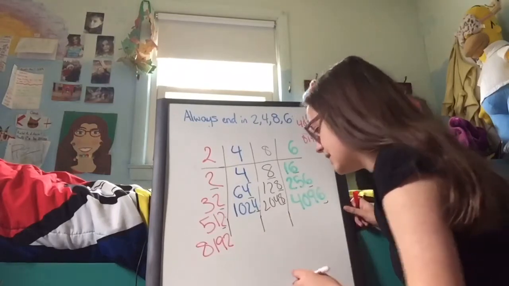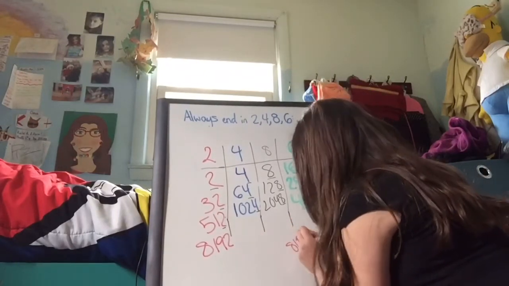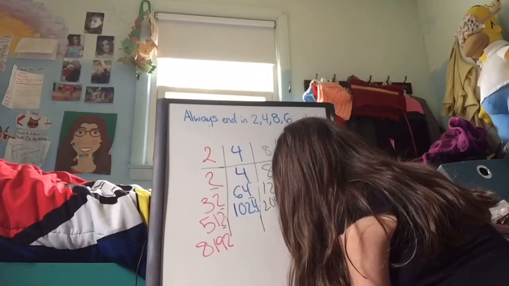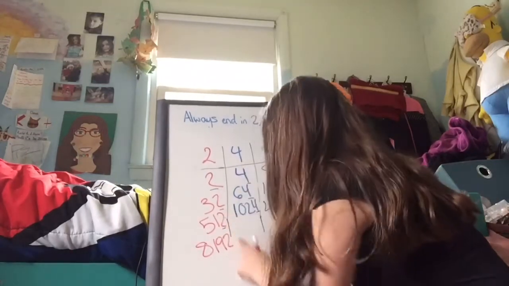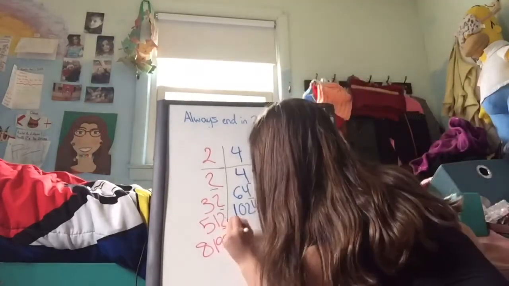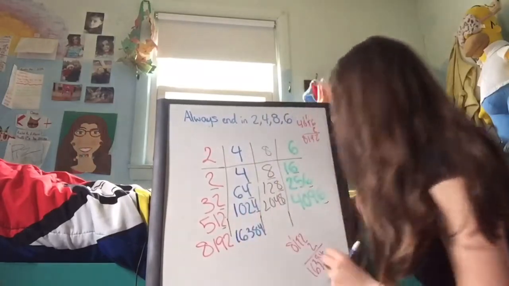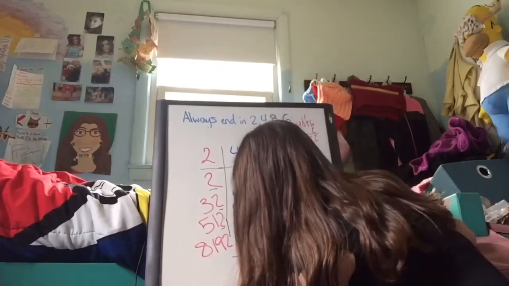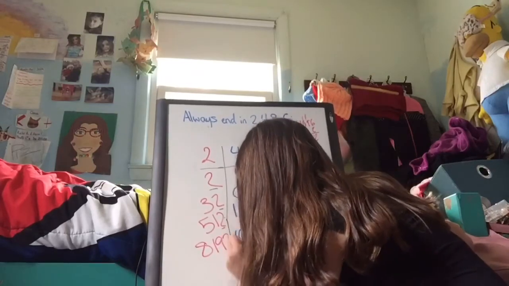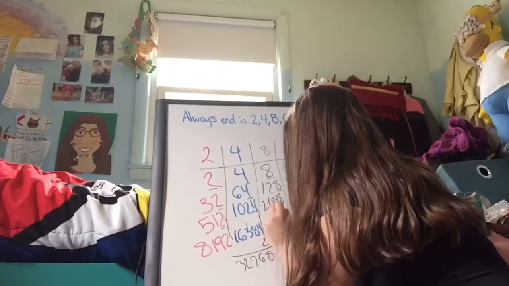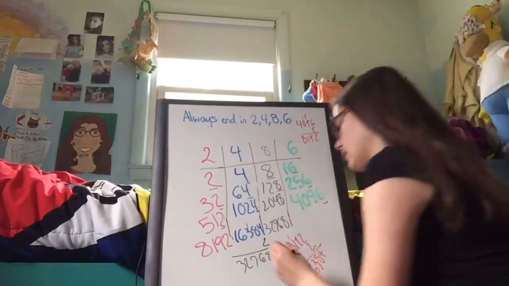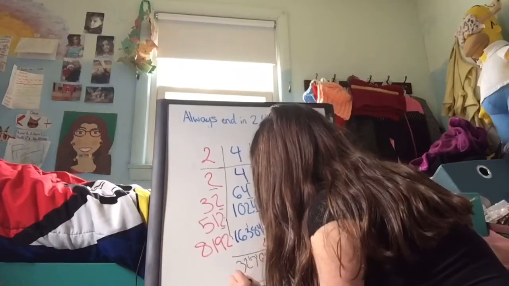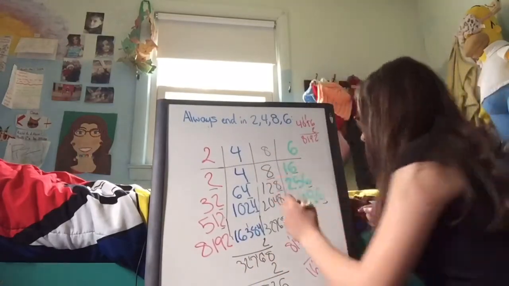And then 8,192 times 2 is 16,384, and if we did that times 2, we would get 32,768, and then multiply that by 2, we get 65,536.